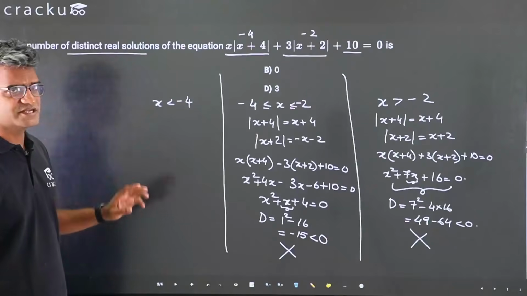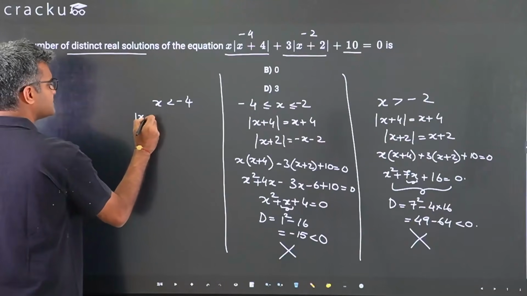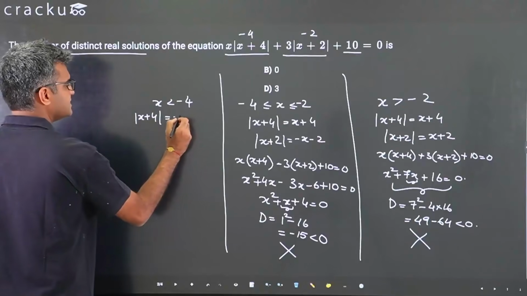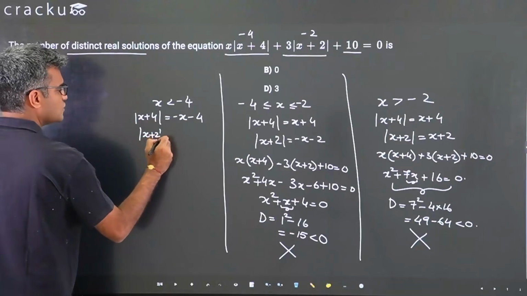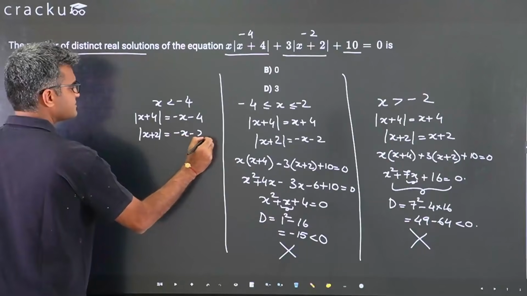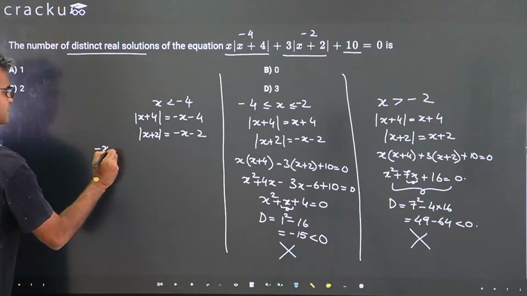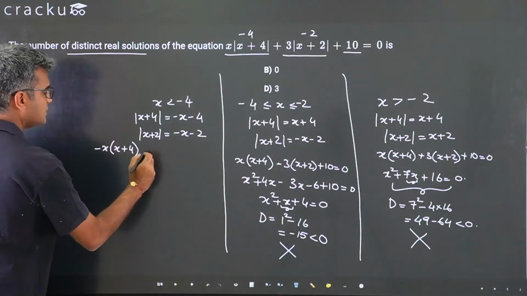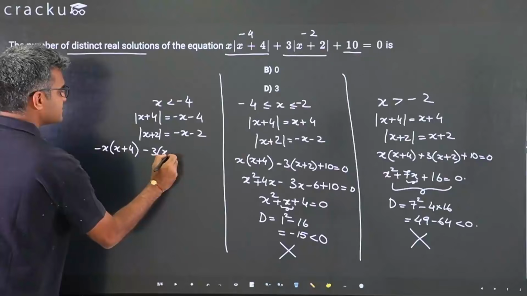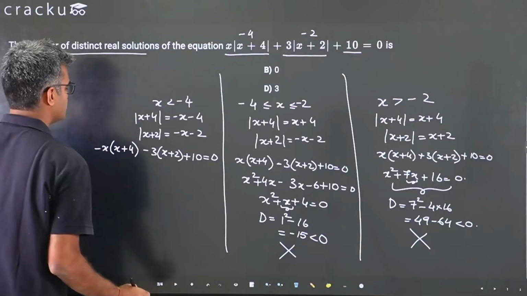Let us look at the last case where x is less than minus 4. Here modulus of x plus 4 is equal to minus x minus 4 and modulus of x plus 2 is equal to minus x minus 2. So the given equation becomes minus x into x plus 4 minus 3 times x plus 2 plus 10 is equal to 0.